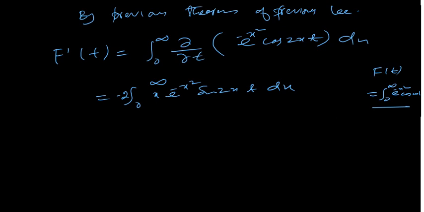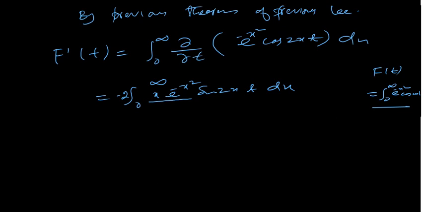Now you integrate this by parts. Keep this function for integration, because its integral is available. You can put x square equal to y, then 2x dx will be equal to dy. So the integral of x e power minus x square is available.